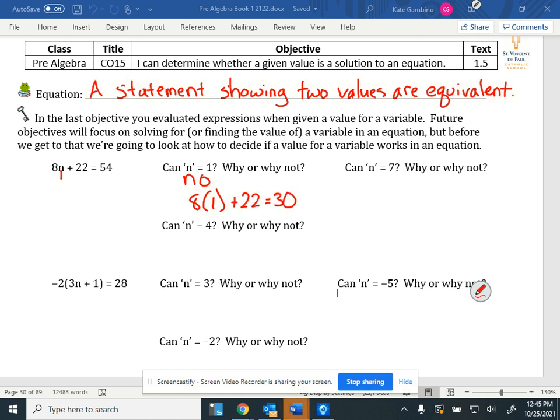Can n equal 7? Why or why not? I'm hearing some of us saying no. So let's see, 8 times 7 is 56, plus 22 is definitely not 54.